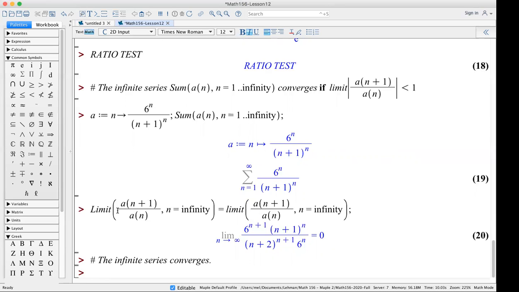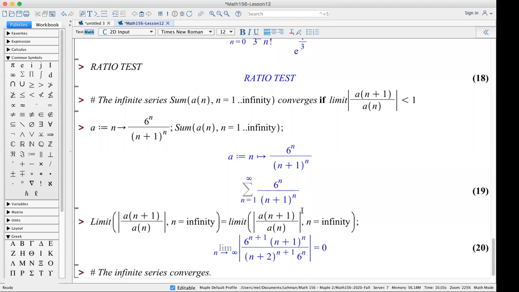Actually, I should have put absolute value signs here.